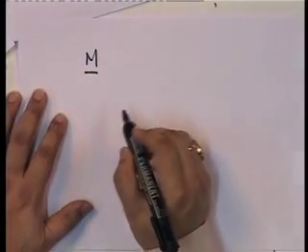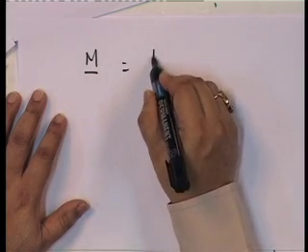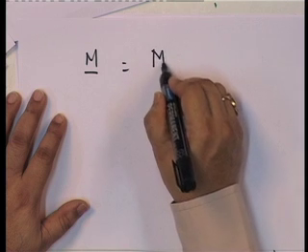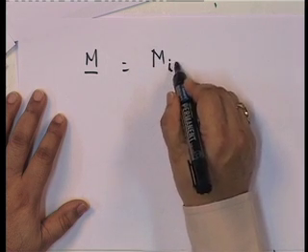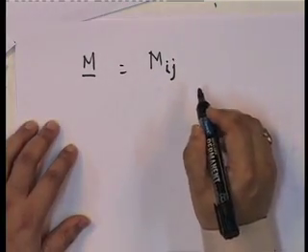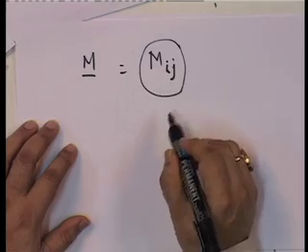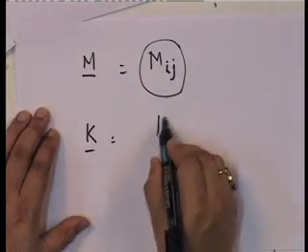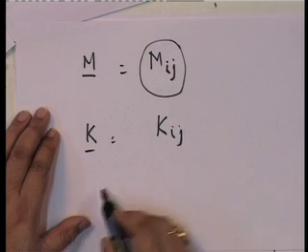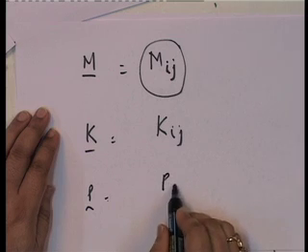the mass matrix. In the mass matrix, all I need to do is find out m i j, and if I find m i j for each of them, I have got the mass matrix. For k, I just need to find out k i j, and for p, I need to find out p i.